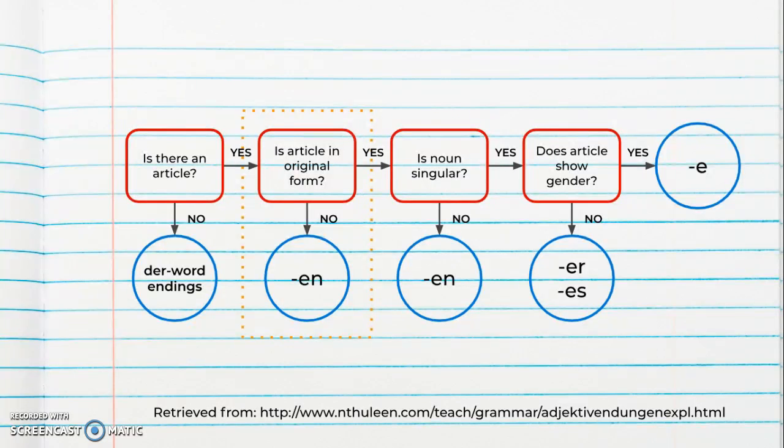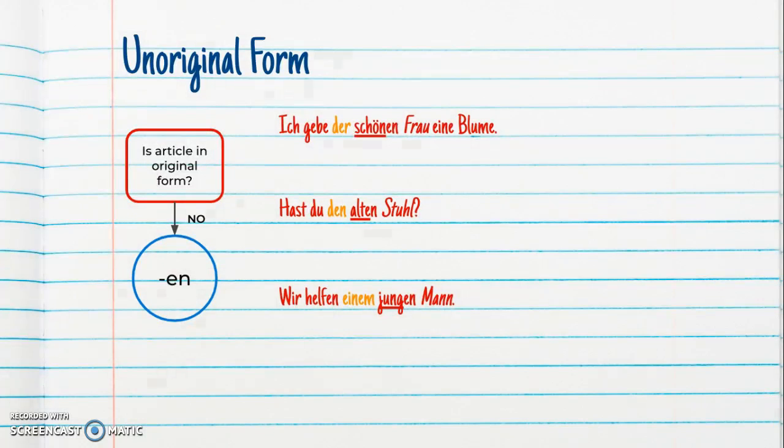Our next question is, is the article in the original form? This one we're going to call the unoriginal form. If we look at the examples here, ich gebe der schönen Frau eine Blume. To explain the unoriginal form, we need to think first of our noun that the adjective is describing. So in the first sentence, Frau is the noun that's being described by the adjective schön.